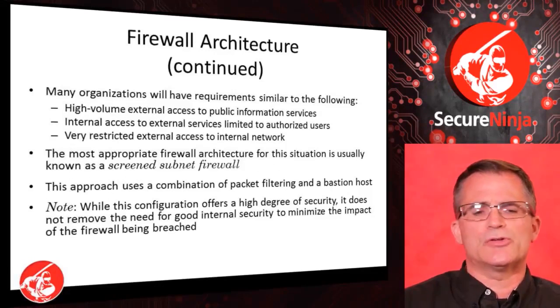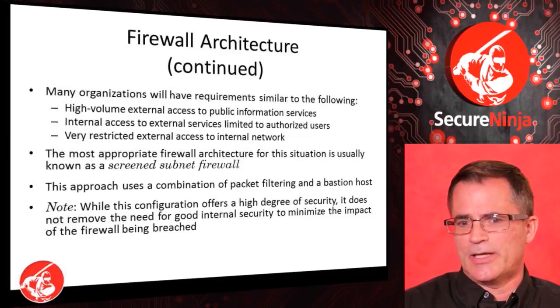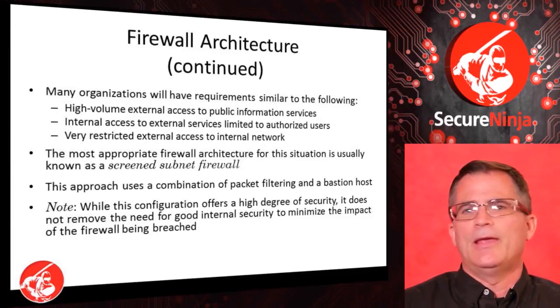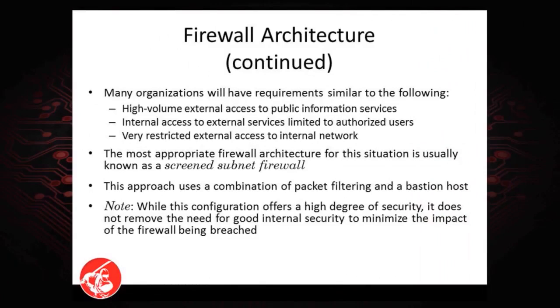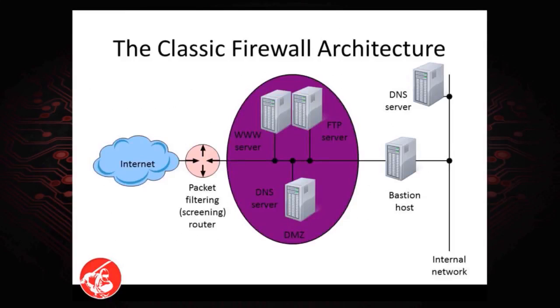So most organizations are looking at high volume, as we said, external access to public information services, internal access to external services, and very restricted external access to the internal network. The most appropriate firewall for this is called a screened subnet firewall. We use a combination of a packet filter and a Bastion host. Okay? And this is an example here of a classic firewall architecture.